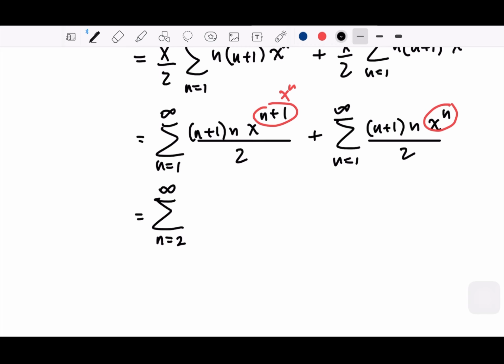So to make it true, then we need to have n minus 1 and n, right? So it should still be true, and this will be x with power of n. Okay. And then this part will still be this.